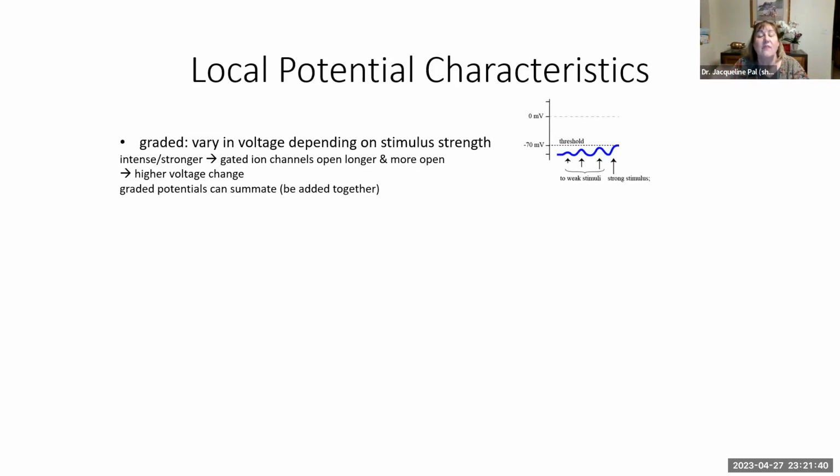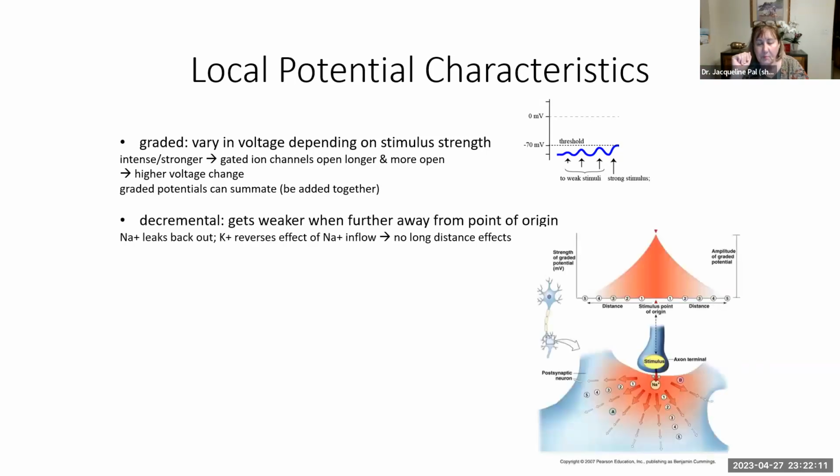In other words, the bigger the stimulus, the bigger the potential, the bigger change in voltage, because the bigger the stimulus, the longer that ion gate channel is going to stay open, and then more ions can rush through it, thereby giving you a bigger voltage change. And they also can do summation, as I've talked about summation earlier, and we also have summation going on in lab. So hopefully you understand that concept fairly well.